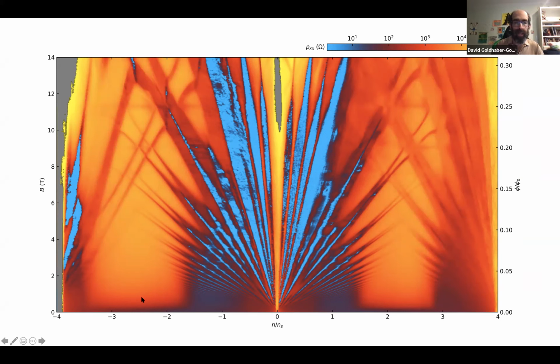And then the other line cut that I showed you was a line cut at fixed density, but sweeping the magnetic field. And when we put these together, what you can see is that these Landau levels, which I can now make assignments for, are what you would expect to be the dominant Landau levels, say 4, 8, 12.